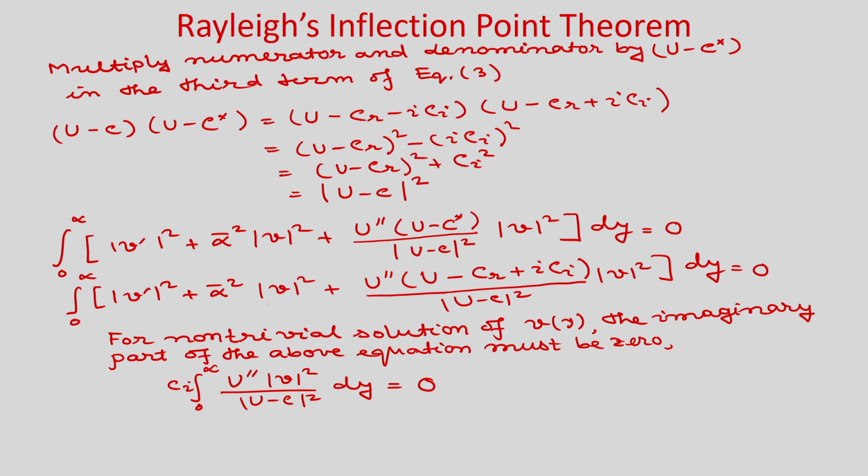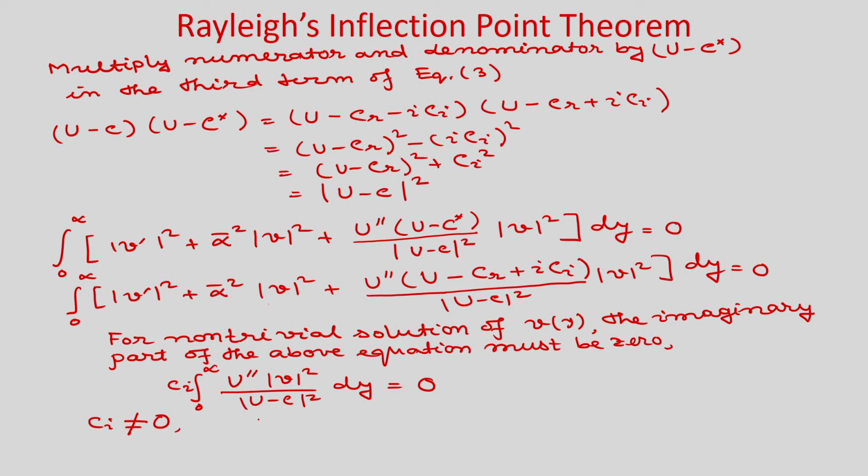Now you can see that Rayleigh's inflection point theorem follows from this above equation. For this equation to be satisfied, either we must have Ci equal to 0 or this integral should be 0. But Ci cannot be 0 because we have already assumed that it is greater than 0. So, Ci not equal to 0. Okay.